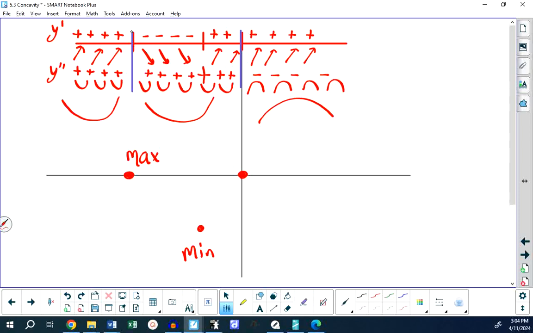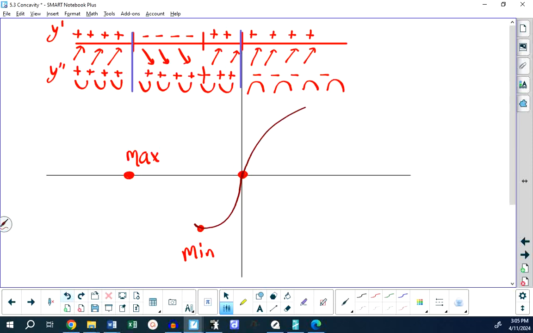But it's got to be increasing up to here and decreasing to here and increasing and increasing. And concave down here, I think it's pretty clear that it will look like that.